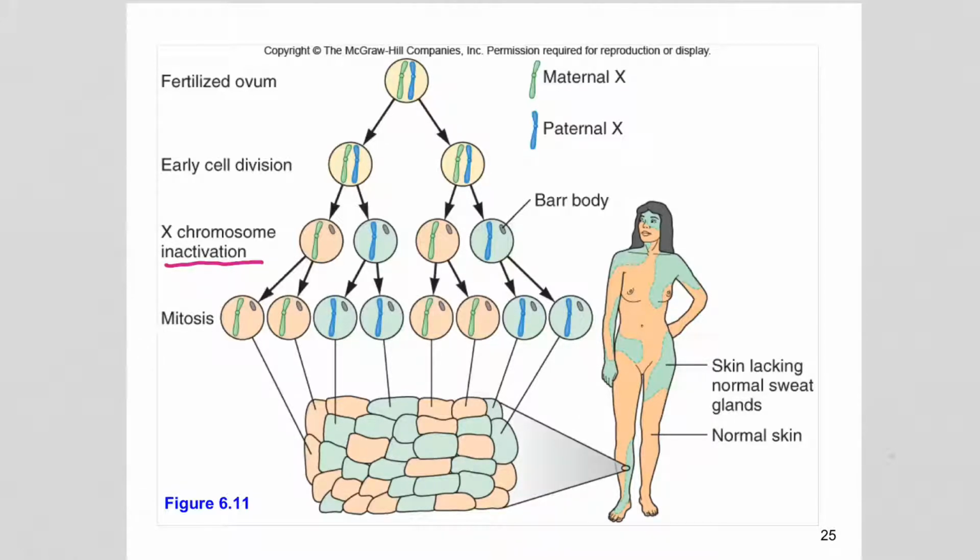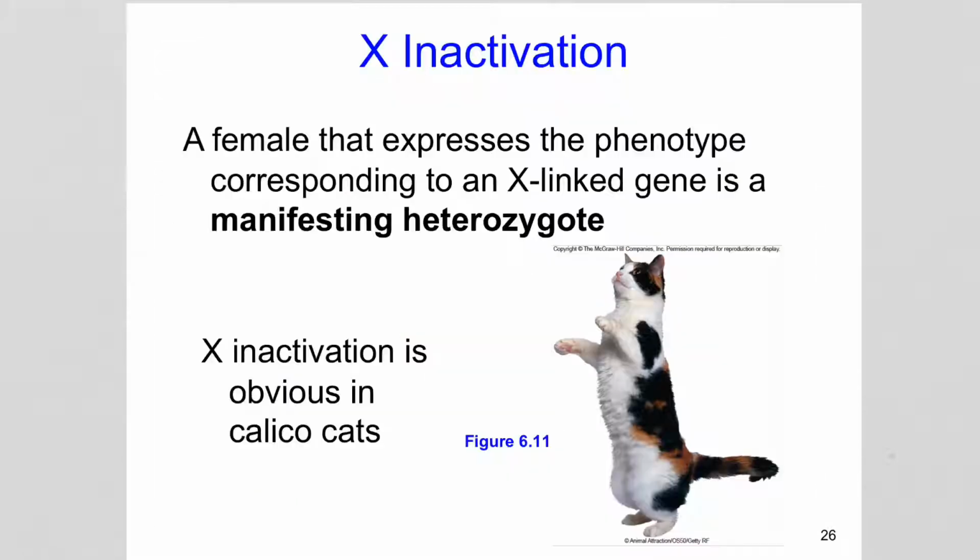So in this case, if we were to say that the green cells that are carrying only the paternal X copy have a mutation associated with them that normally would be recessive, we actually see the expression of that recessive phenotype on parts of the female body because some of those cells just randomly are showing the recessive allele activated.